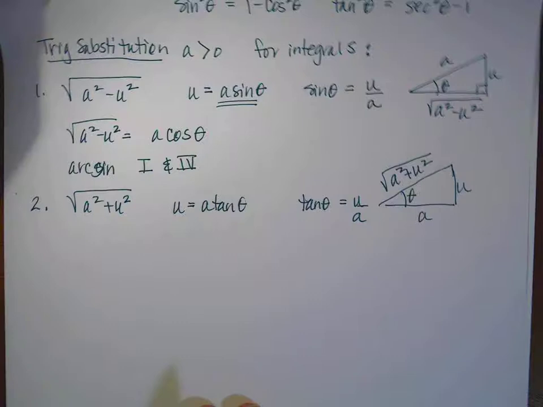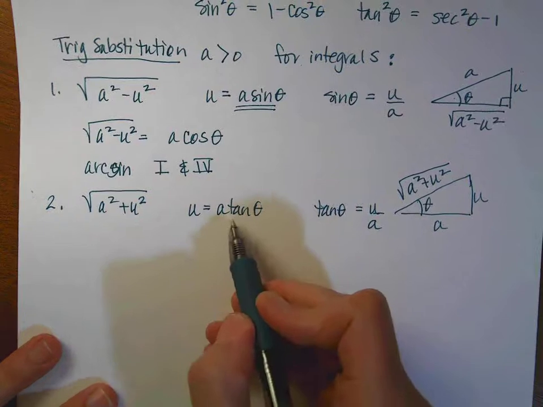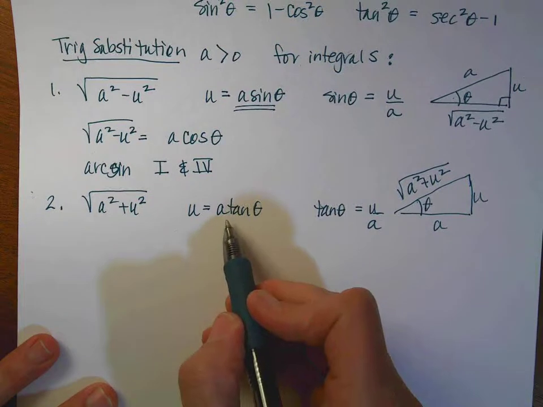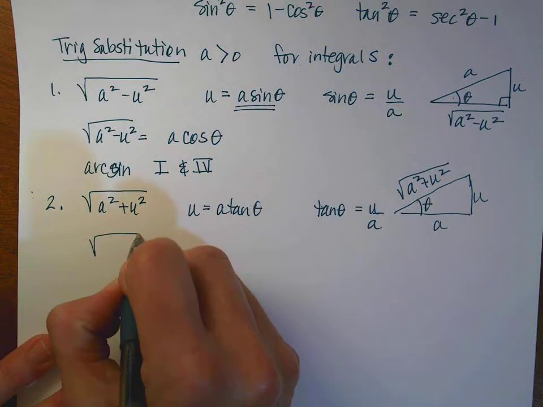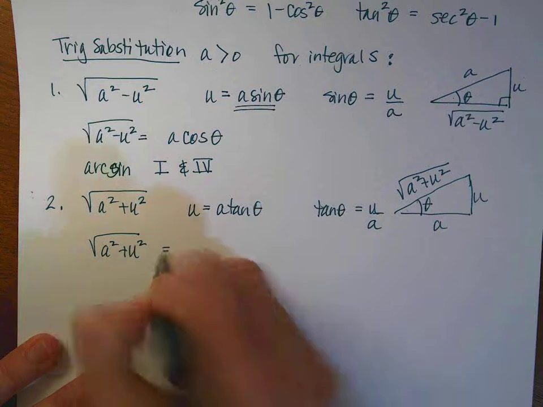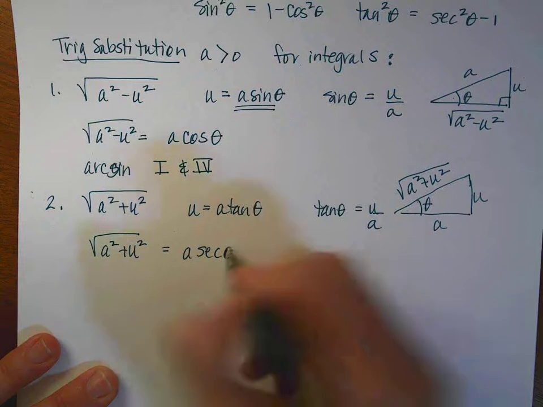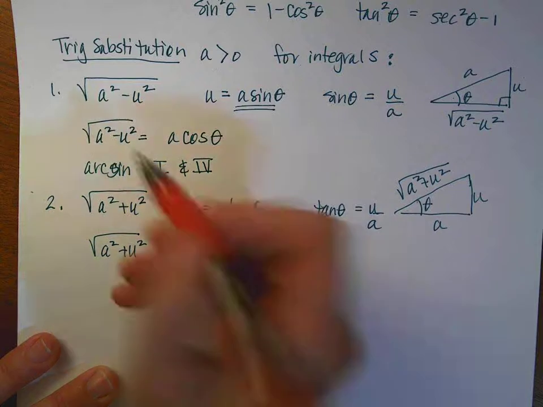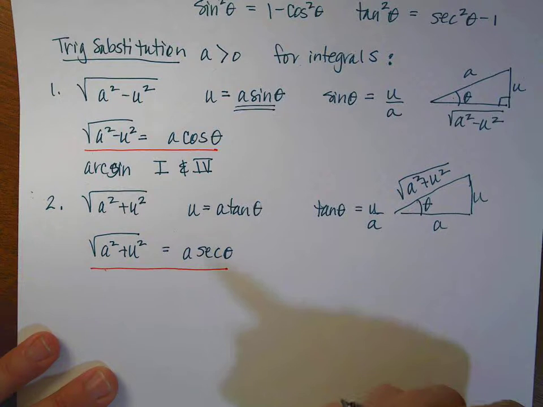These are just tricks to remember what different trig ratio you're going to use. In this situation, the square root of a squared plus u squared is going to equal a secant theta. I think we'll understand this portion once we start doing some examples.